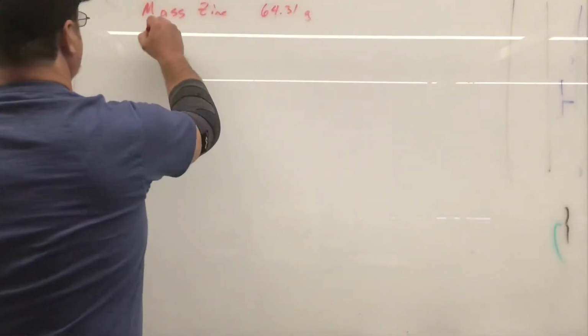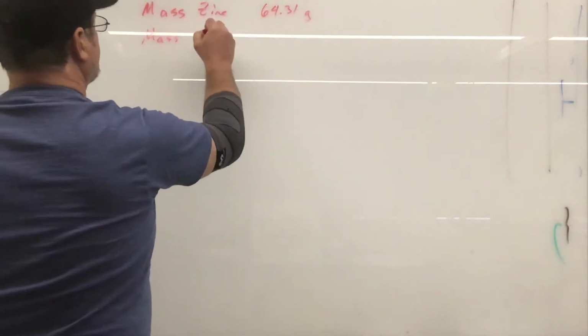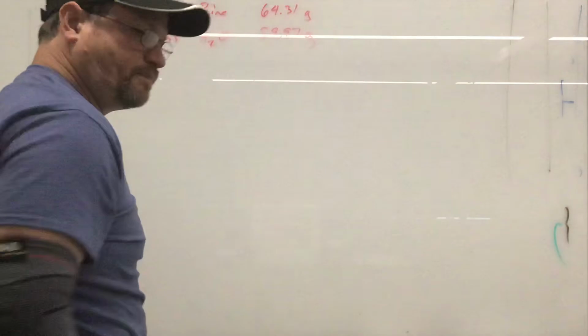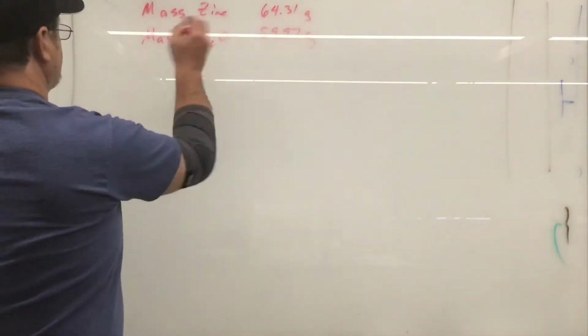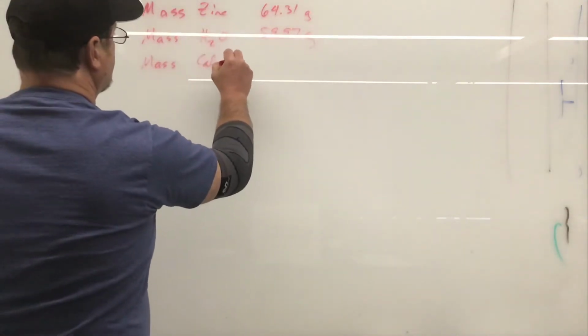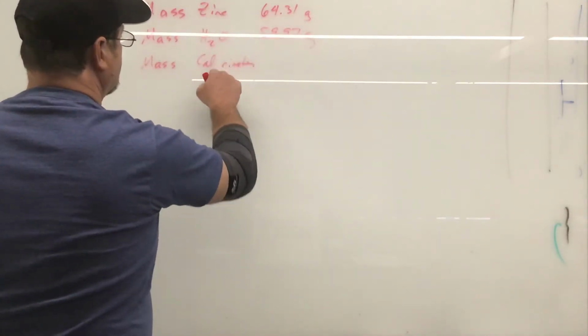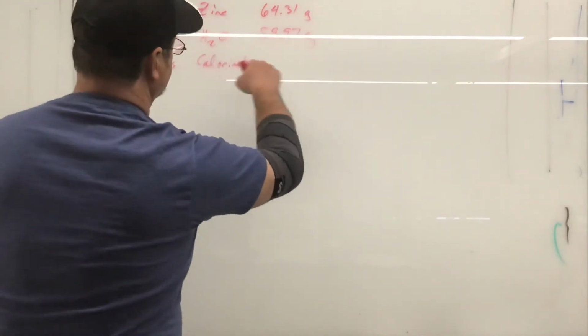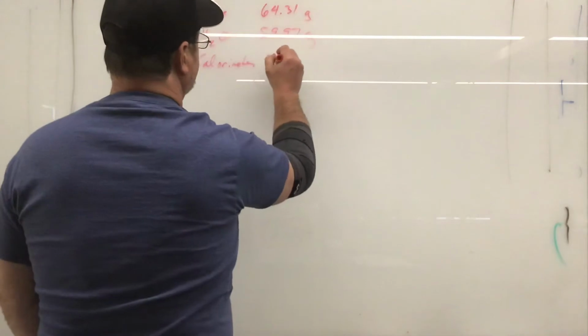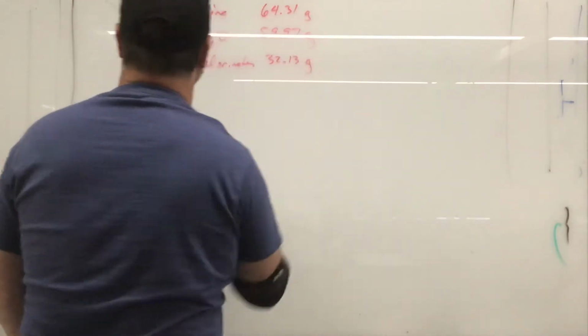I know that the mass of the water that I used was 59.97 grams. I know the initial water temperature. Well, one more thing, the mass of the calorimeter, which is aluminum, and that was 32.13 grams.